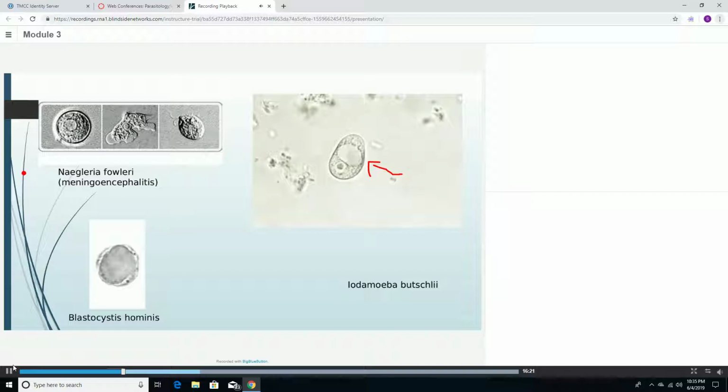And then Naegleria fowleri, this organism causes meningoencephalitis, so it is considered pathogenic. What essentially happens with Naegleria fowleri is that it happens in the summer months.